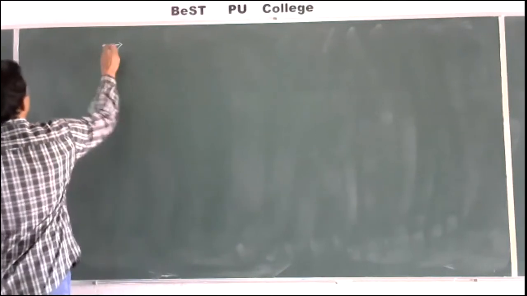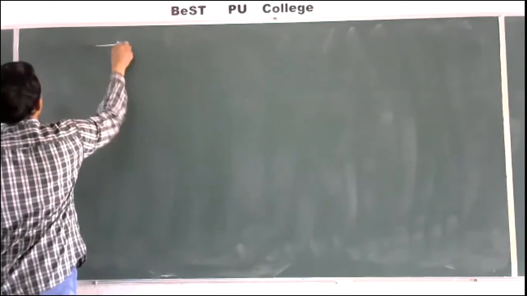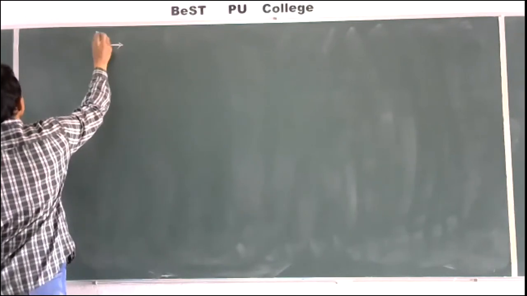These are your exercise questions only. Now this is 2.8. Other than 2.7, I'll give just one question with some modification.